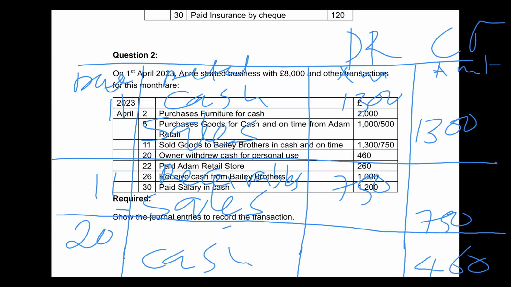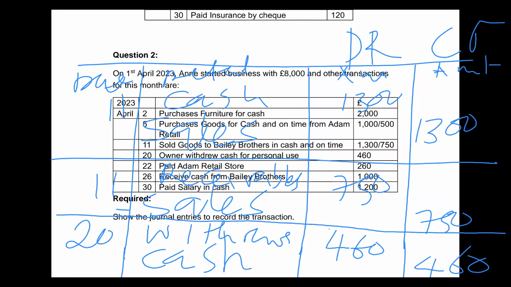So every time you withdraw money for personal use, what account do you record that transaction? A withdrawal account. Okay. So you debit the withdrawals account. Every time you withdraw money for personal use, you debit the withdrawals account.